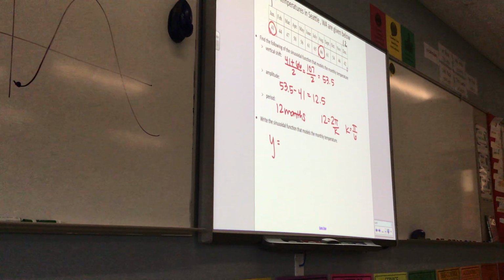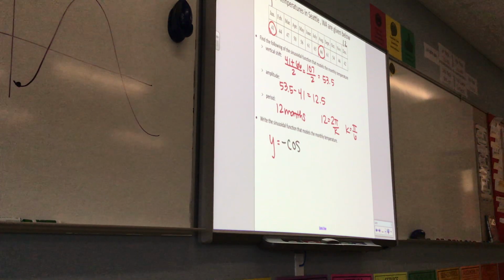So we're going to plug in what we do know. You do get to pick whether you want this to be a sine or a cosine. I would pick the one it still looks most similar to here. What does this look the most similar to? Cosine. So we can make it a negative cosine. It does not matter. Your calculator will always make it be a sine function. Okay? Negative cosine. Sorry, what was my amplitude that I failed to write?